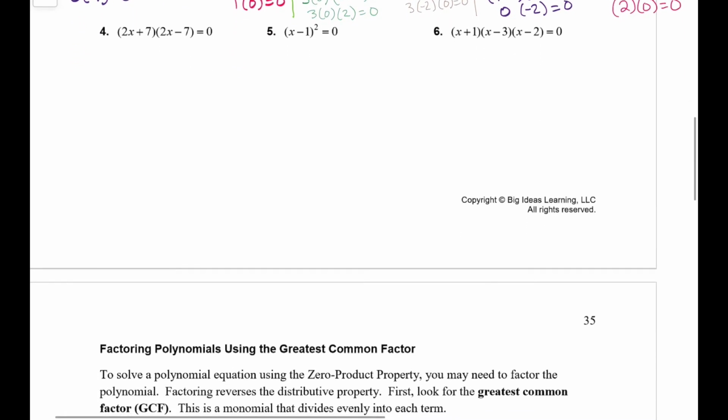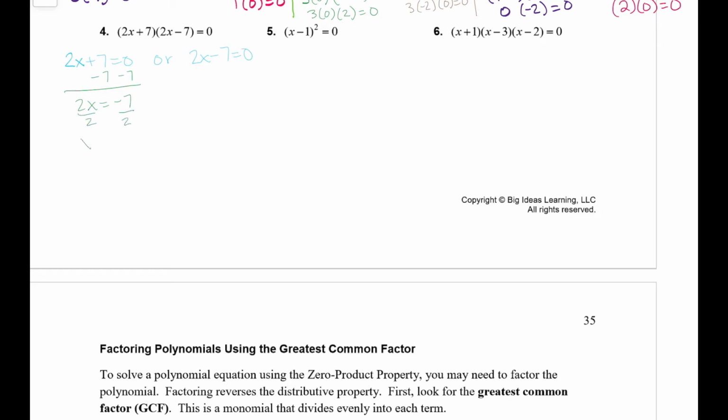On number 4, we have 2x plus 7 and 2x minus 7 equals 0 if we multiply those together. So since they're multiplied, we can say 2x plus 7 equals 0, or 2x minus 7 equals 0. To solve this for x, we subtract 7 on both sides of the equal sign, and we get 2x equals negative 7.